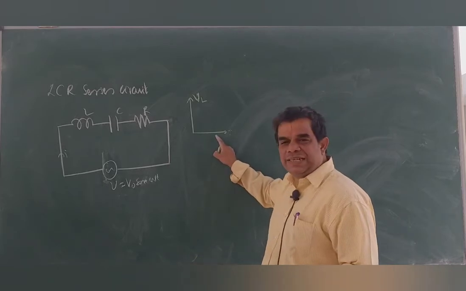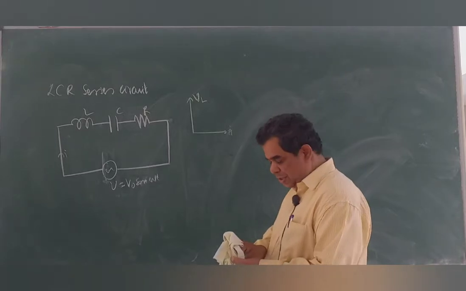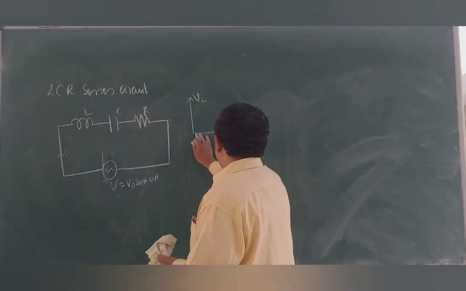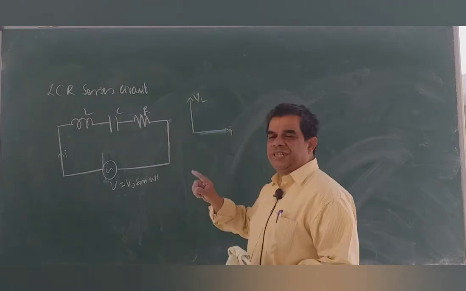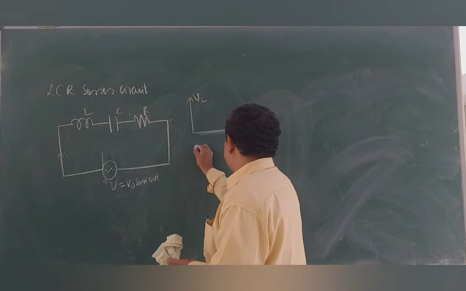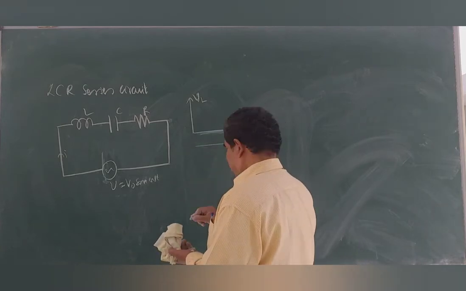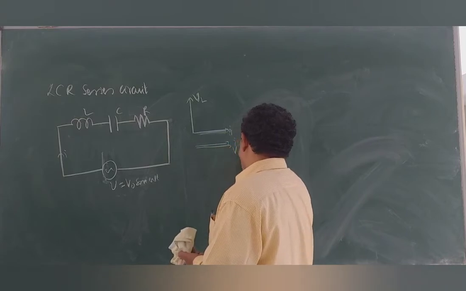We know that it leads the current I by 90 degrees, that's why I have written like this. If you want we can write current in a different color. Now through resistance, current and voltage are in phase, that means I must write I along with that, VR is also there on the same line.